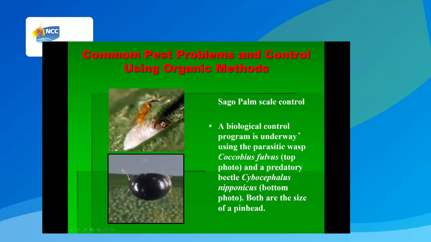But we introduced, when it was at the Ministry of Agriculture, two biological control agents, a tiny wasp on the top left-hand photo, Cocobius fulvus, and a tiny predatory beetle, Cybocephalus, about the size of a pinhead.